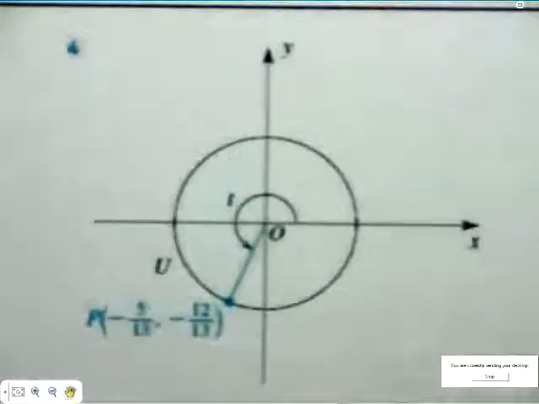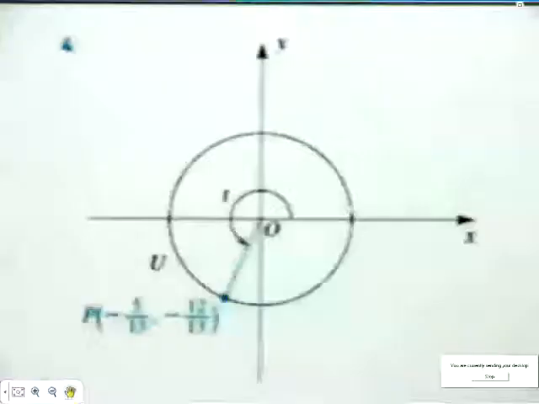I do want to show you number 8. We're given a point on the unit circle.